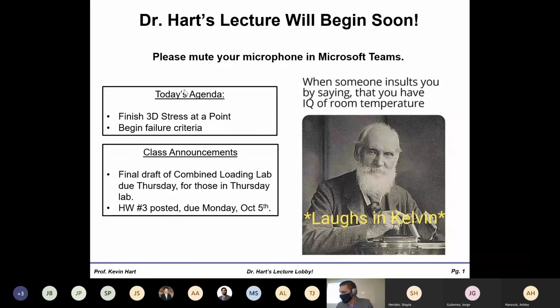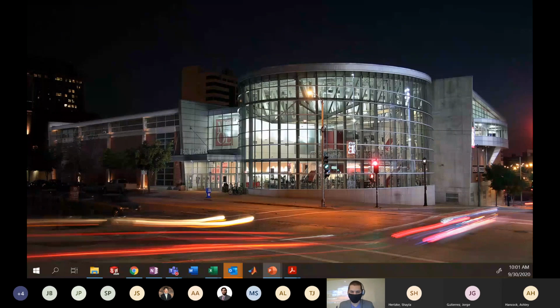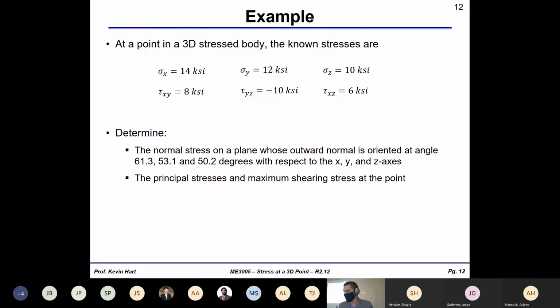We were in the middle of an example problem. I'll bring up that example problem and then bring up where we left off. Remind you, this was our example problem. We had a full 3-dimensional stress state at some point in a body, and we were asked what the normal stress is on a plane if we realign our axes into a certain orientation.